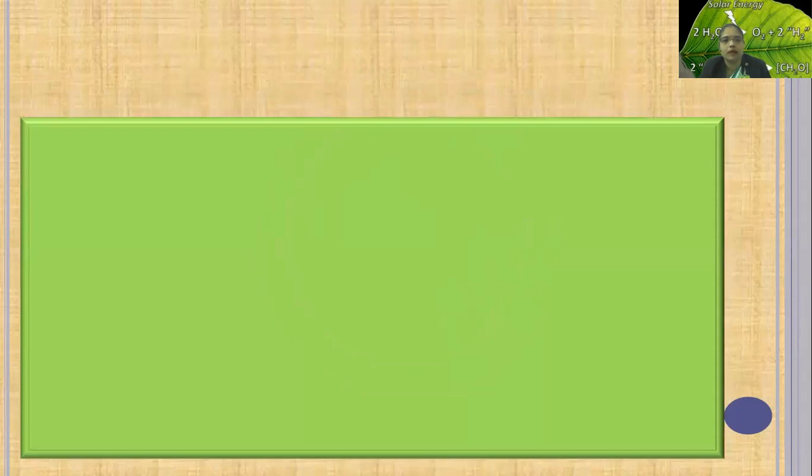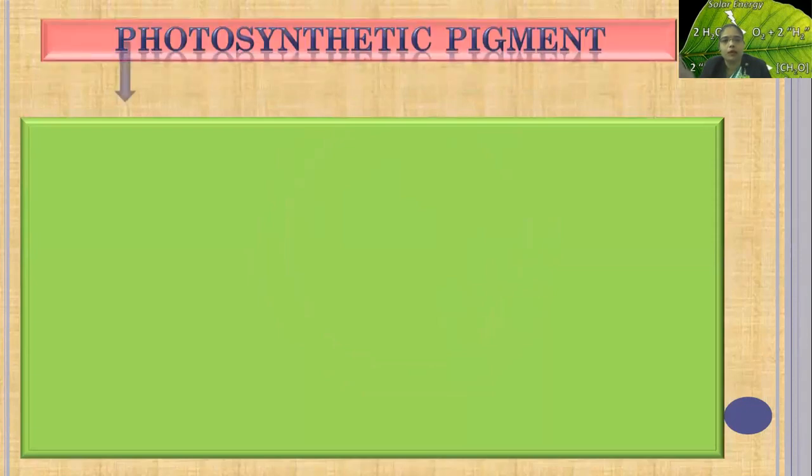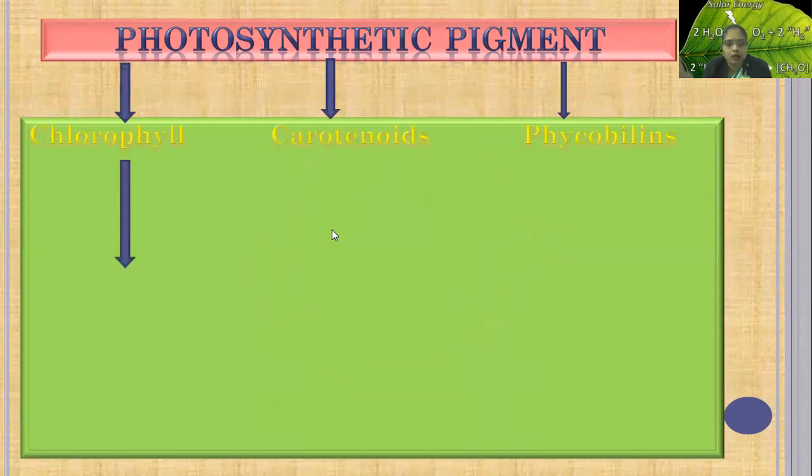We have seen the chloroplast. After that, photosynthetic pigments. There are three main types of photosynthetic pigment: chlorophyll, carotenoid, and phycobilins. Chlorophyll is again divided into 7 types, carotenoids divide again, and phycobilins are also divided into subtypes.